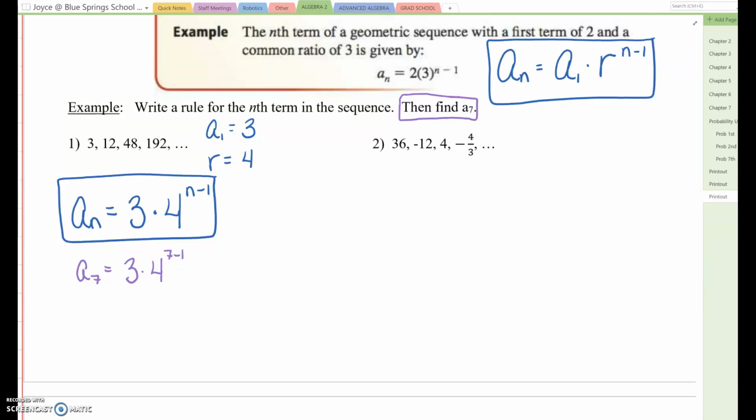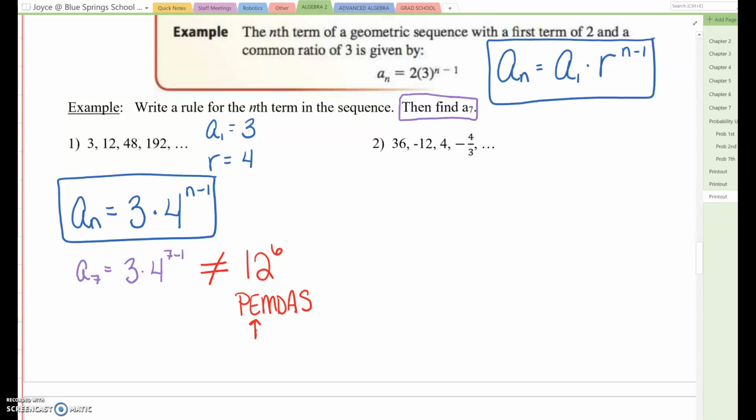I'm going to write this in red so you can see how terribly wrong it is. This is not equal to 12 to the 6th. Does the word PEMDAS mean anything to you? Yes.